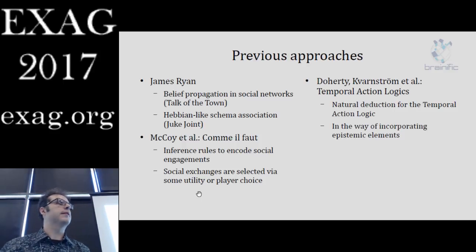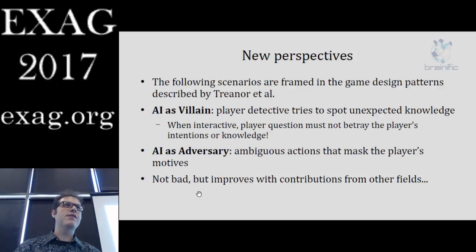And Comme il Faut by McCoy and colleagues, in which there is also a formal specification of actions, social exchanges in this case, and again the actions are selected using a utility mechanism. Doherty, Kvarnström, and their collaborators use temporal action logics, to which they start adding an epistemic model, but they don't go so far as to detail it too much. So if we have some specification of actions, and we can talk about the knowledge of the agents as well, how can we use this in games?